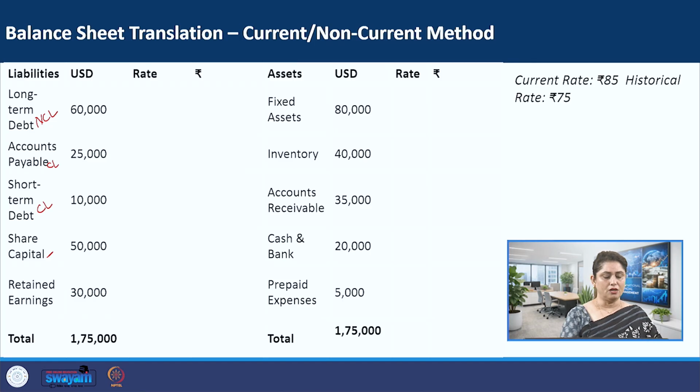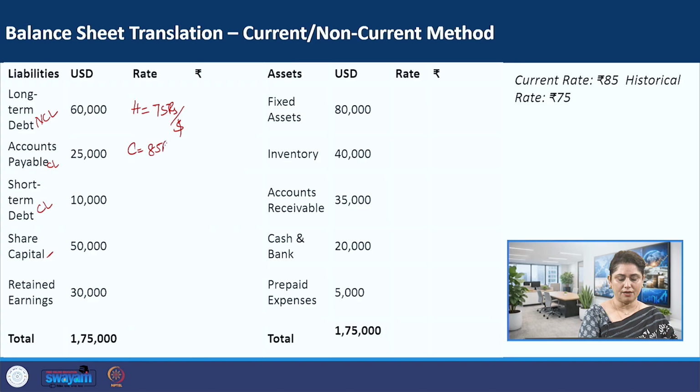So, the non-current liability will be at the historical rate, which is 75 rupees per dollar, while accounts payable is a current liability and hence will be converted into the current rate, which is 85 rupees per dollar. Short term debt is also a current liability. Share capital, as we already know, will be converted into the historical rate of 75 rupees per dollar.